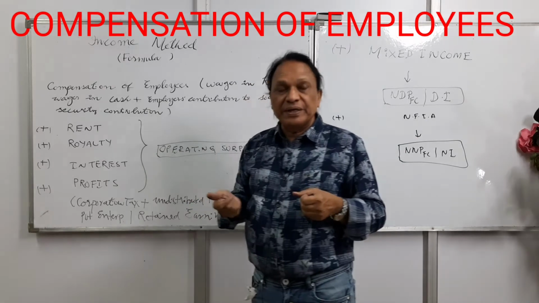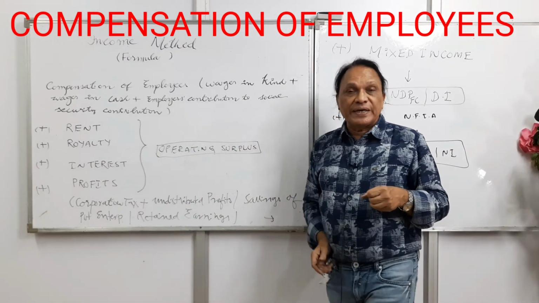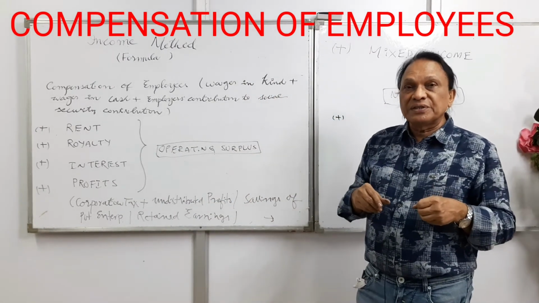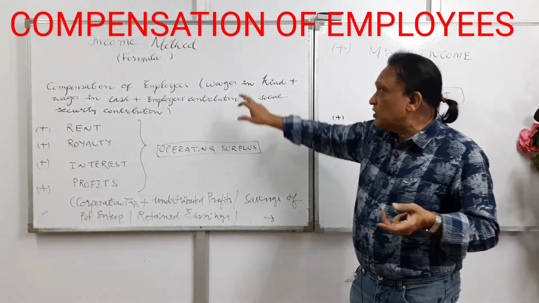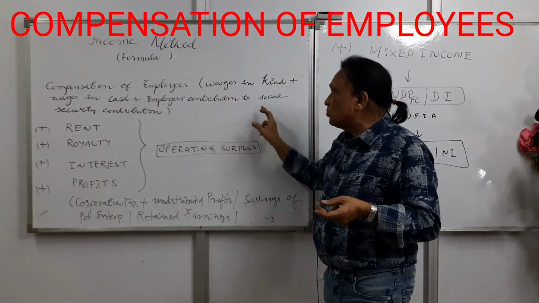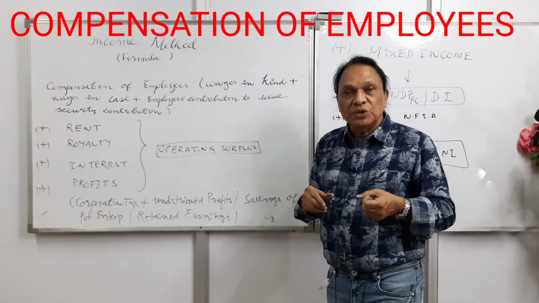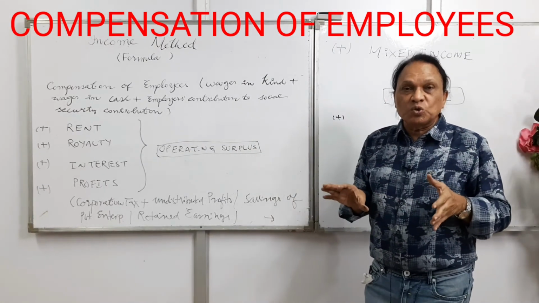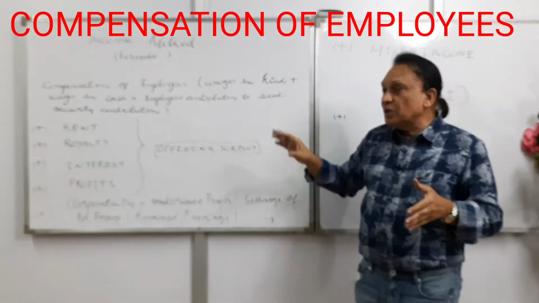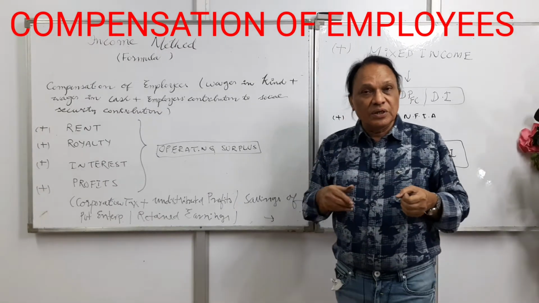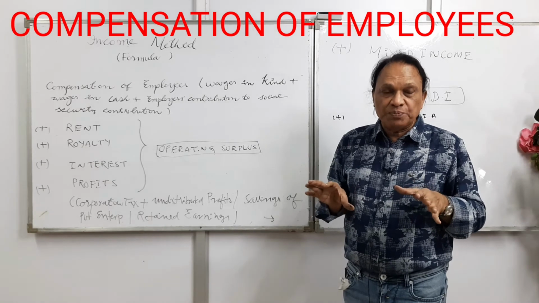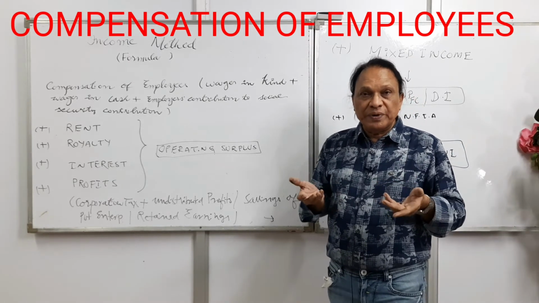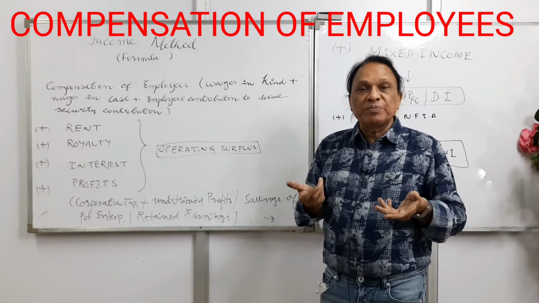This cash can be commissions, salaries, bonus, anything in cash. Plus employers' contribution to social security schemes. This includes gratuity, pensions, casualty insurance premiums or life insurance premiums the company is paying.